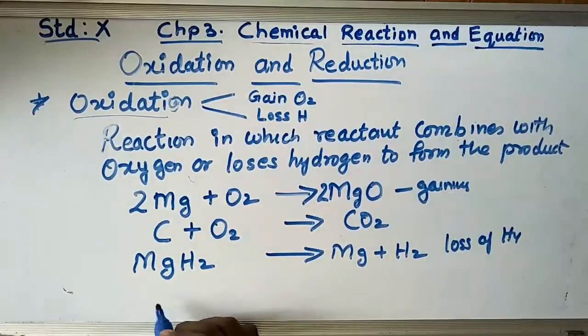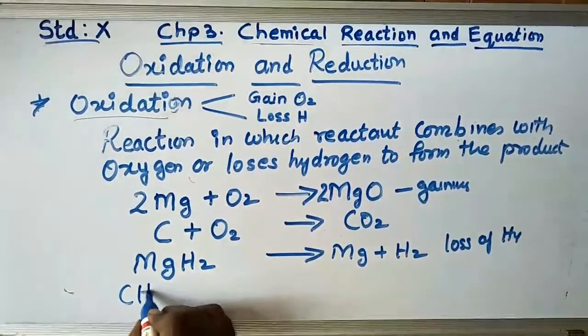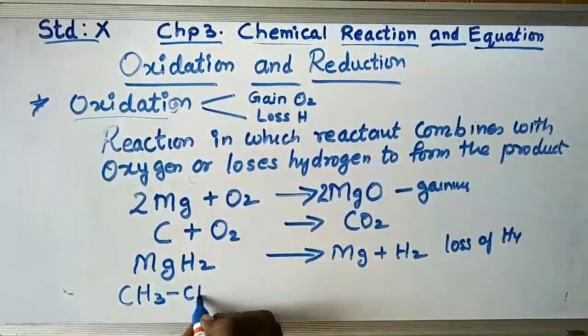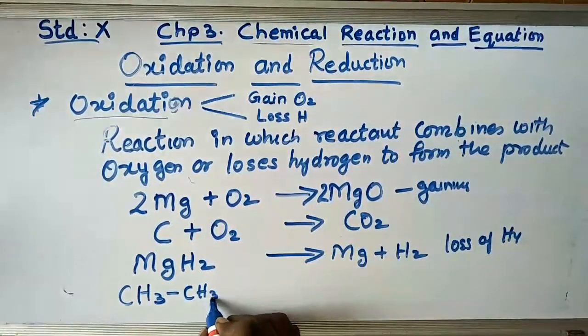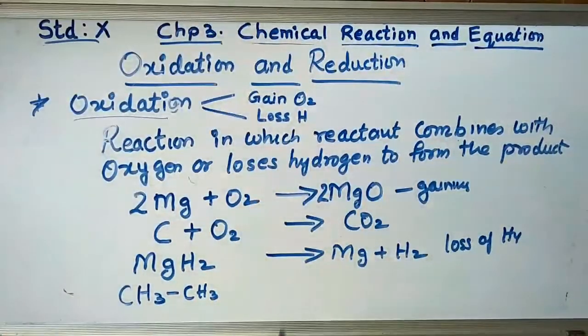Let's take another example, CH3 and CH3. Now this carbon is having hydrogen, this carbon is also having hydrogen. How many carbons are there? Here 1 carbon, 3 hydrogen, 1 carbon, 3 hydrogen.